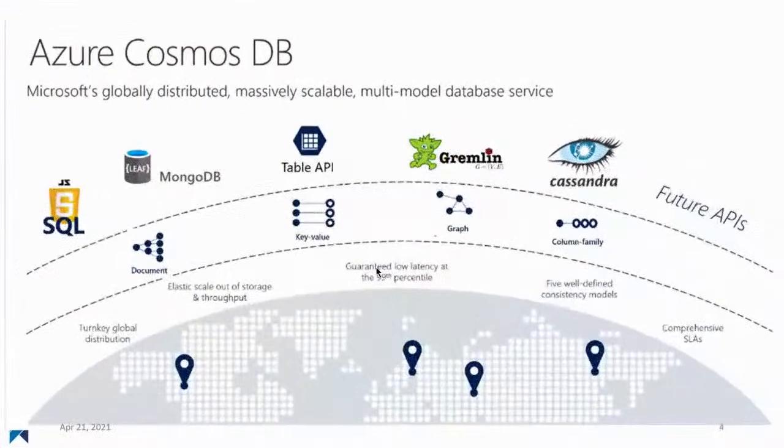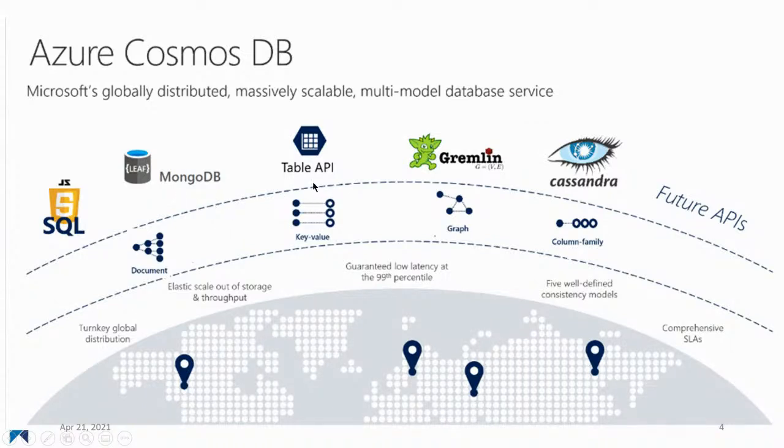So NoSQL databases are usually divided in 4 families, and Cosmos DB supports all of these different flavors. JSON document stores are supported with 2 different APIs, the SQL-like API called Core, and also the MongoDB API.